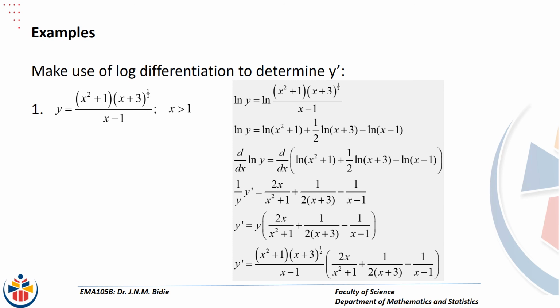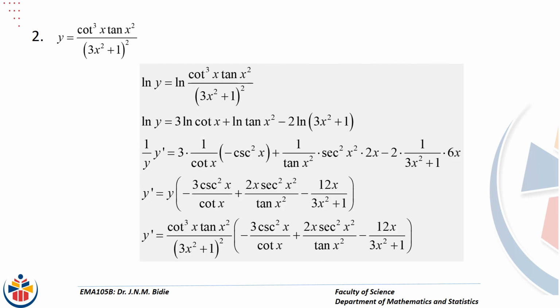Let's do some more examples as we apply log differentiation. Number 2, we've got cot cubed x times tan x squared, all divided by 3x squared plus 1 all squared. That is an expression for y that has been given. So we introduce ln on both sides.